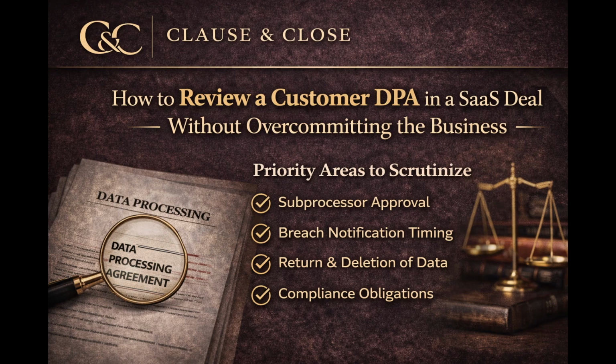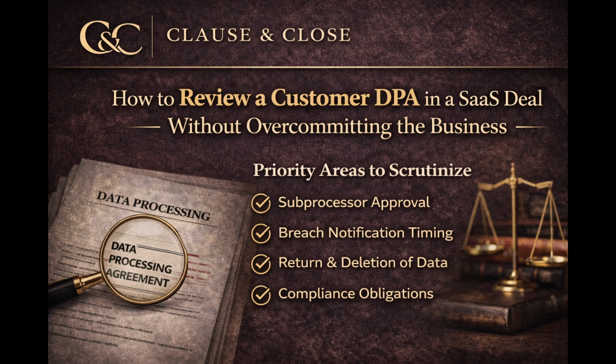The sixth area is international transfers. This part should never be glossed over. If the customer DPA includes custom transfer language, unusual localization demands, or jurisdiction-specific routing that does not match your standard model, legal needs to slow down.